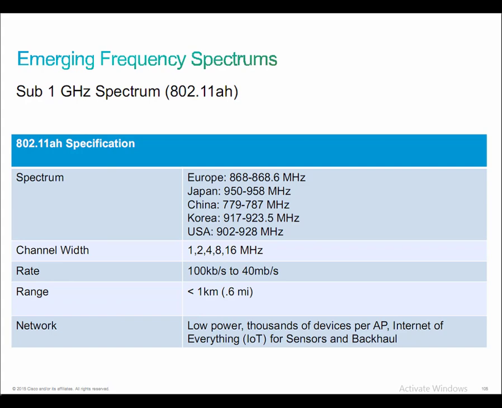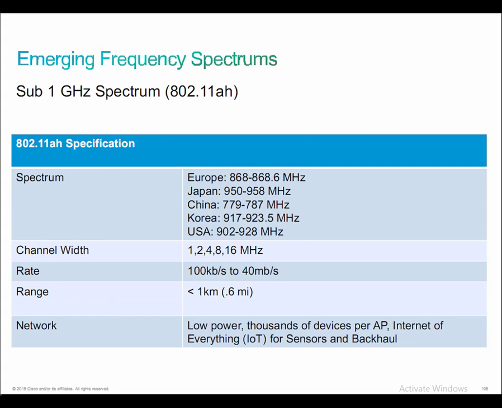At much lower frequencies, the power consumption is a lot less, so there's a lot of power saving. There are throughput enhancements, and you can see the range is about 0.6 of a mile, which is pretty significant when you consider wireless.